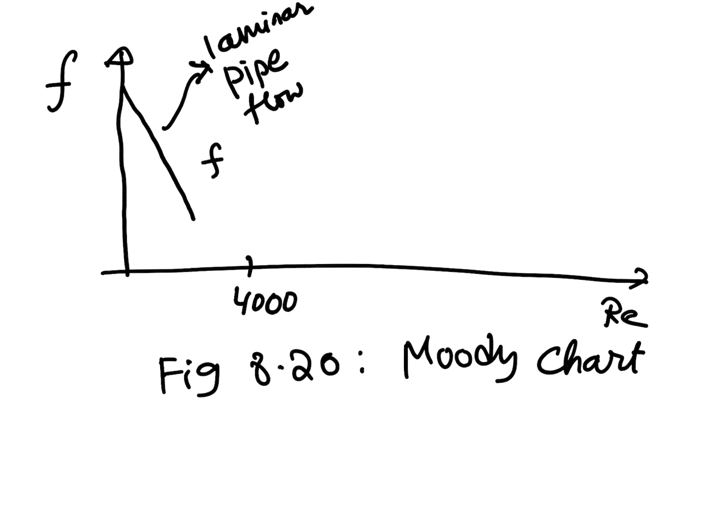Okay, F is equal to 64 divided by Re. This can be derived from theory, although we won't go into that derivation.